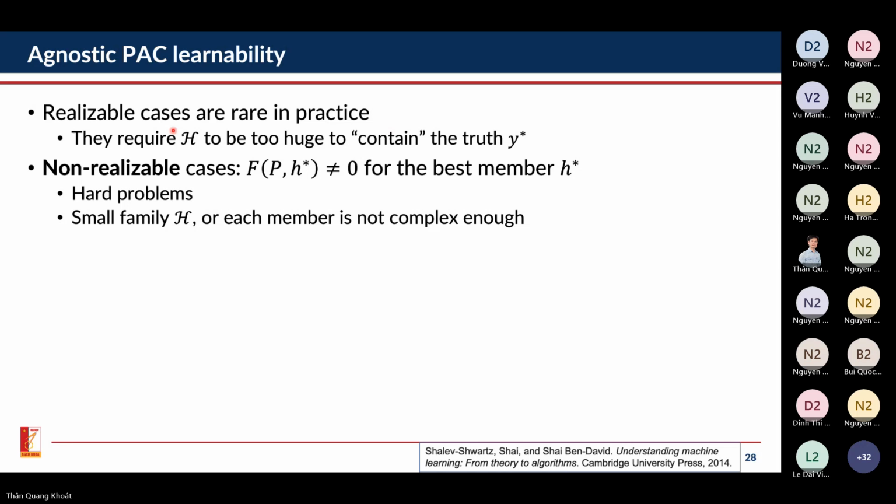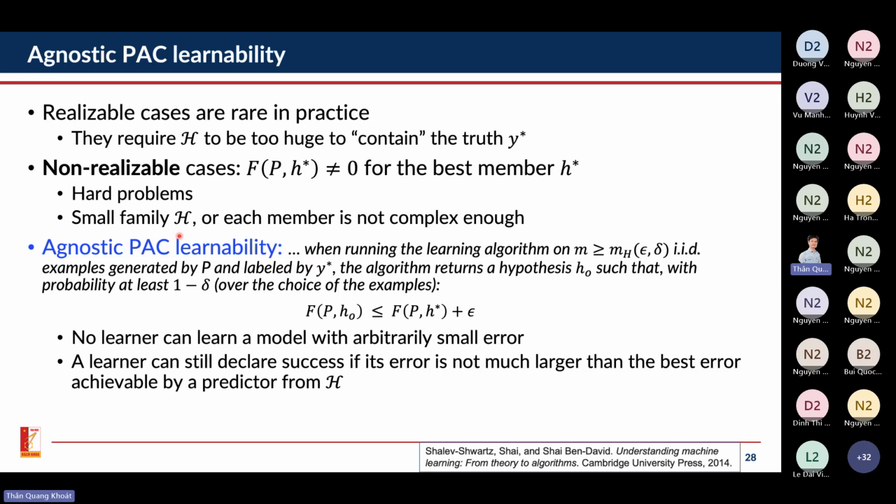In this case, the best model can have some wrong predictions, so the learning problem can be hard, and the model family can be small or not strong enough to approximate the target. So we can modify the definition before in order to work with this case.